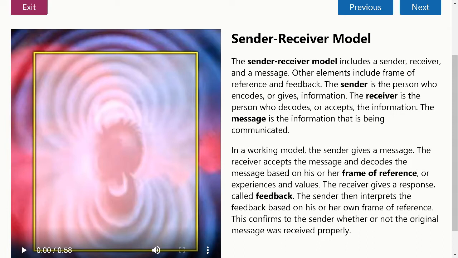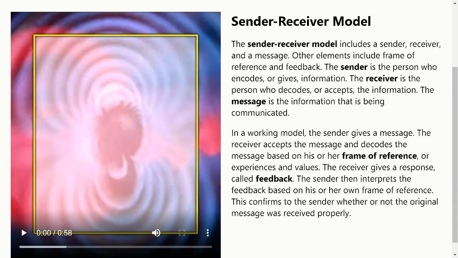All right, so in a working model, the sender gives a message, the receiver accepts the message and decodes the message based on his or her frame of reference, experiences, and values. The receiver gives a response called feedback. The sender then interprets the feedback based on his or her own frame of reference. This confirms to the sender whether or not the original message was received properly.